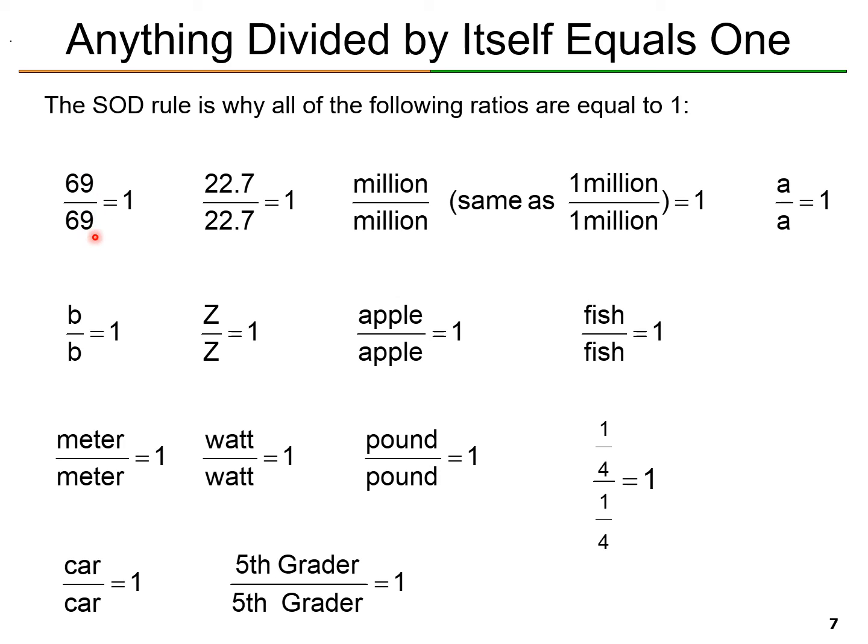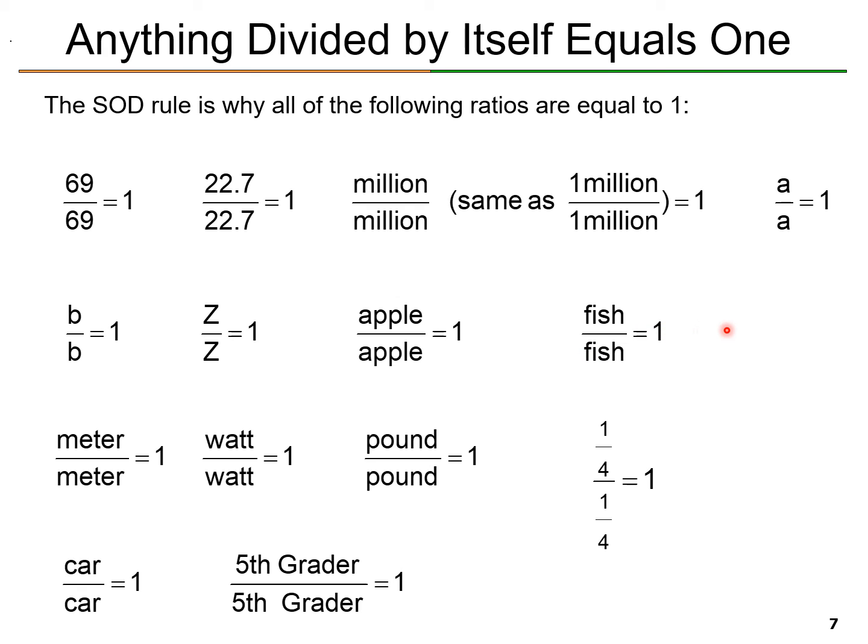69 divided by 69 is equal to 1. A million divided by a million is also the same thing as 1 million divided by 1 million. That's equal to 1. B divided by B is equal to 1. A fish divided by a fish is equal to 1.